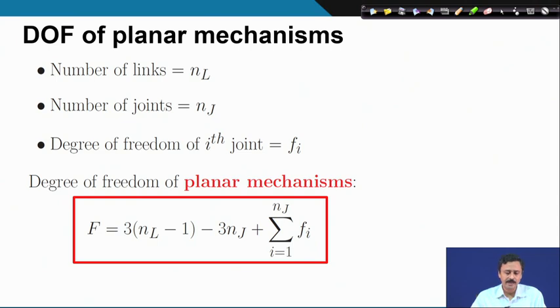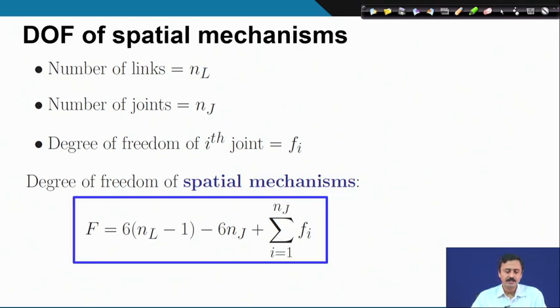Just to recapitulate, we have done this calculation. The degree of freedom of a planar kinematic chain is given by 3 times (number of links minus 1) minus 3 times number of joints plus summation of degree of freedom of individual joints.